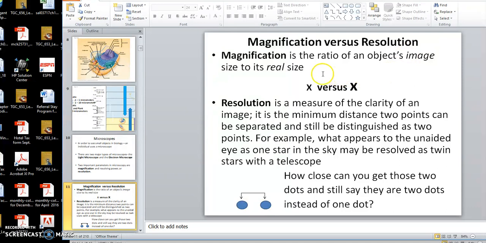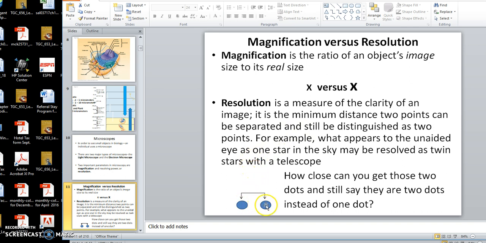Magnification versus resolution. Magnification is the ratio of an object's image to its real size. That's pretty common. Resolution, which you call clarity, is a measure of the clarity of an image. It is the minimum distance two points can be separated and still be distinguished as two points.